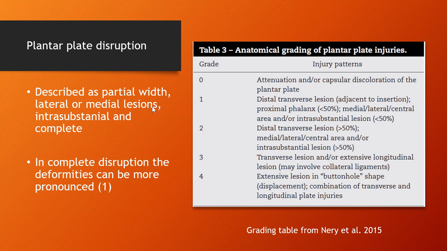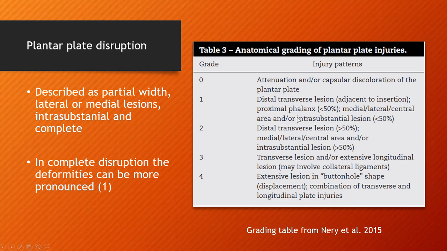There are grading systems for plantar plate tears. There's a surgical grading system based on what it looks like operatively. There's also MRI staging systems where they don't actually measure the tear, they just comment more on where it's located. I won't go into those sorts of grading systems.